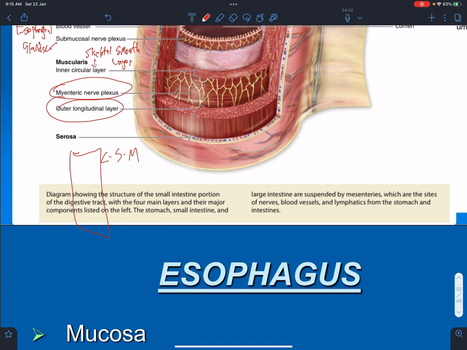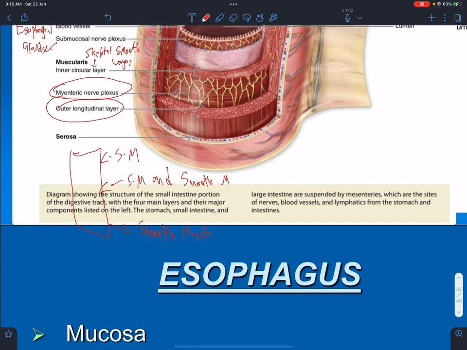One of them was the early part of the esophagus, which was lined by skeletal muscle. So the upper third of your esophagus is lined by skeletal muscle. The middle is lined by a mixture of both skeletal muscle and smooth muscle. And the lower end of your esophagus is going to be lined exclusively by inner circular and outer longitudinal smooth muscle layers.